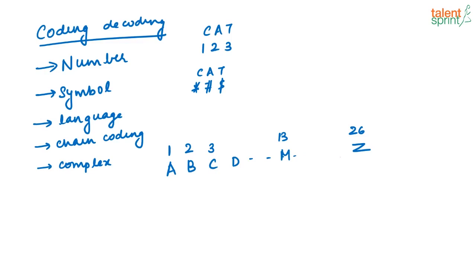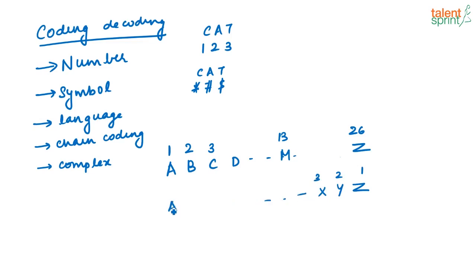So the first thing that you have to keep in mind is the numerical position of the letters in the English alphabet, okay, in the forward direction. Similarly, you should also know the position of the letters in the English alphabet in the reverse direction. That is, what is the position of Z from the reverse? If you look from reverse, position of Z is 1, correct? Position of Y is 2, position of X is 3, and so on.